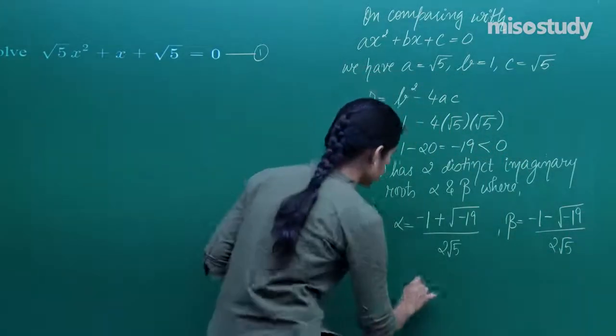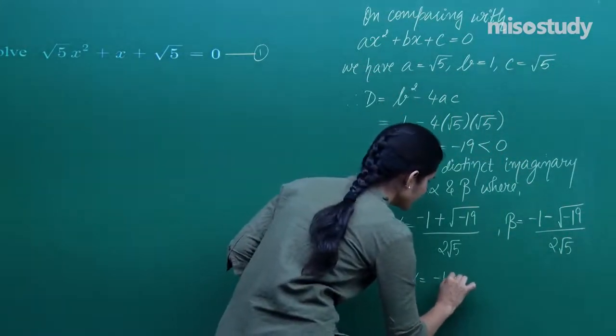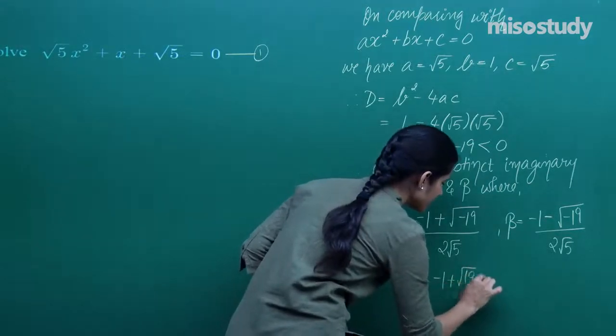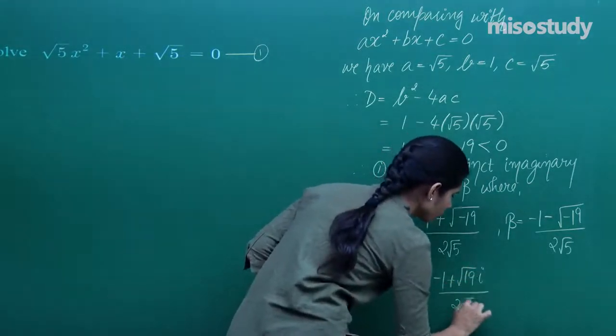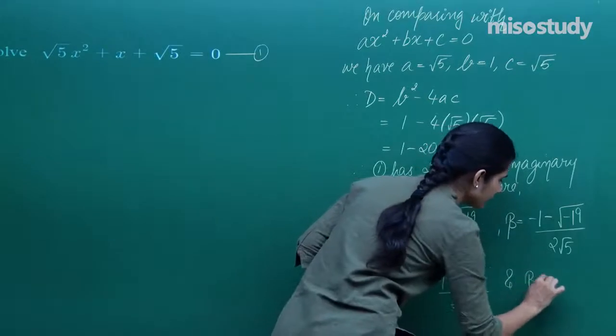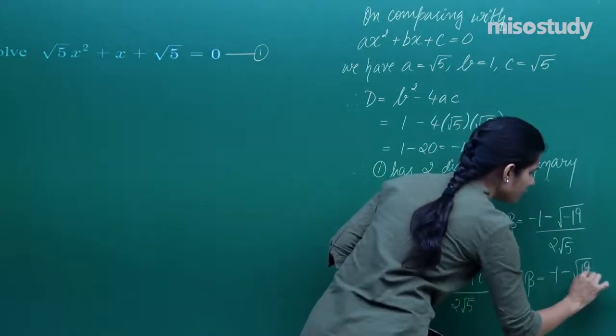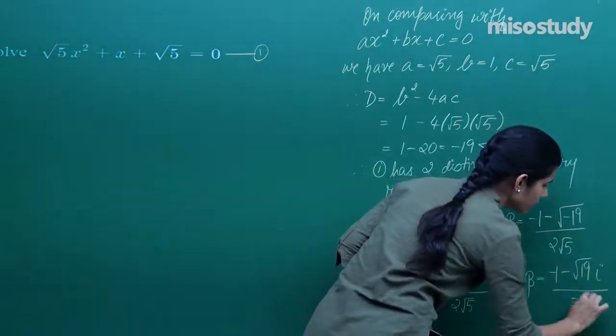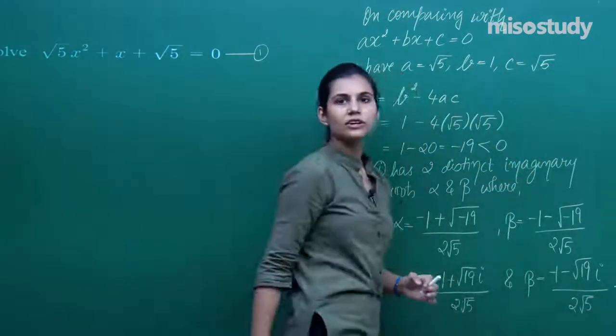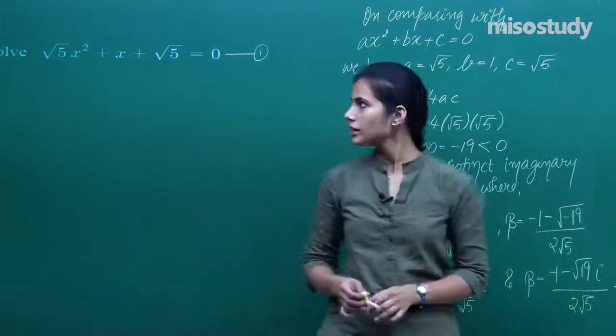This means what? Alpha is minus 1 plus root 19 iota upon 2 root 5, and beta is minus 1 minus root 19 iota upon 2 root 5. These are your given two roots.